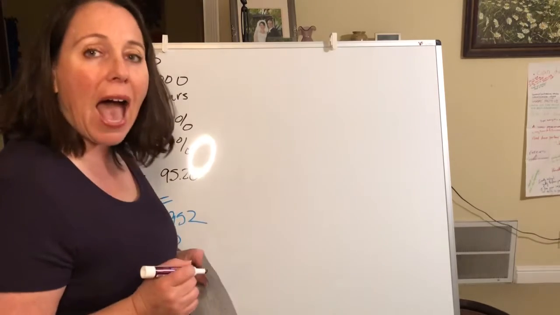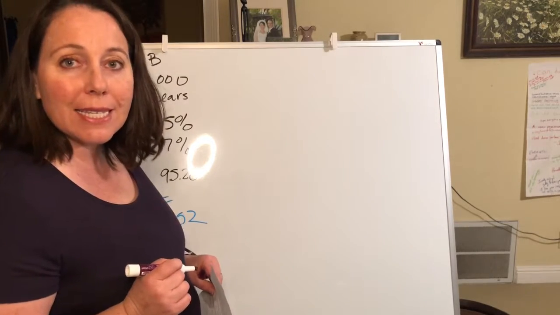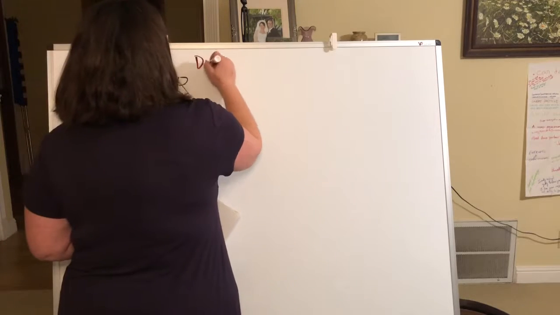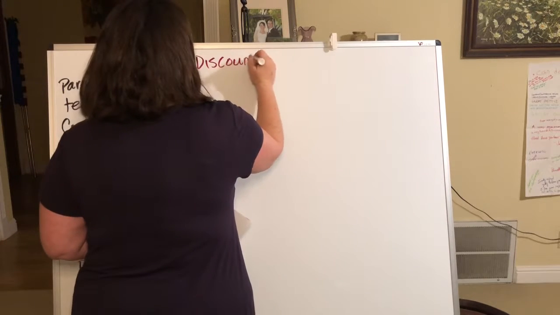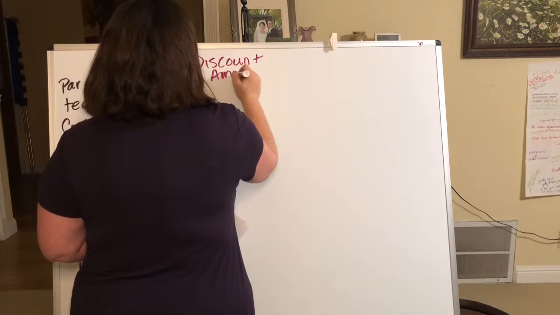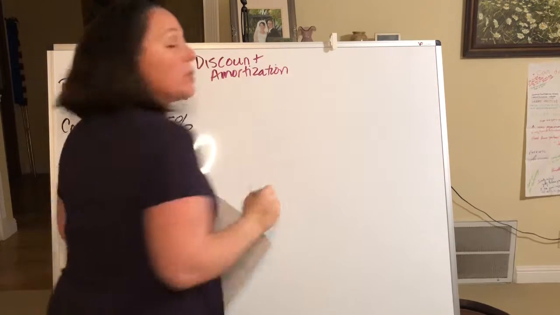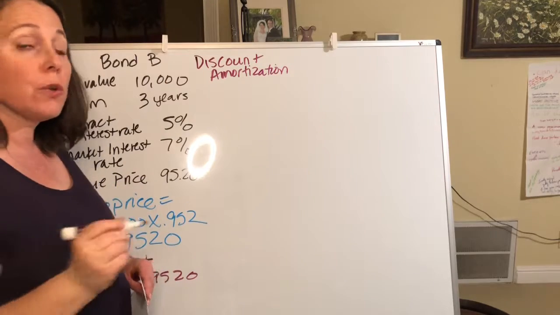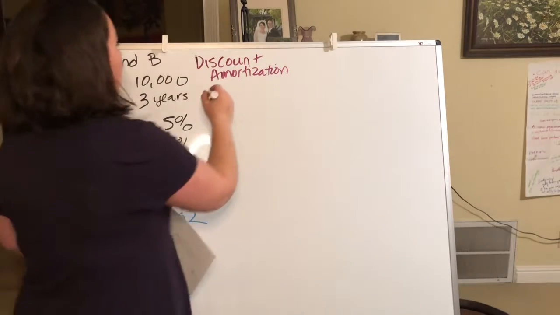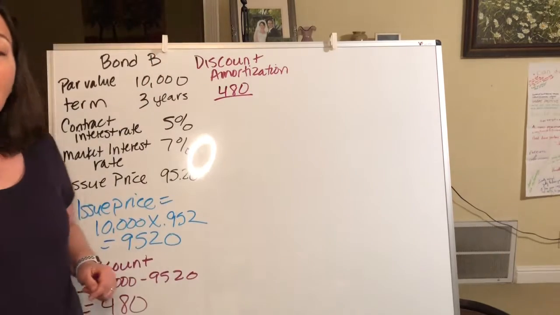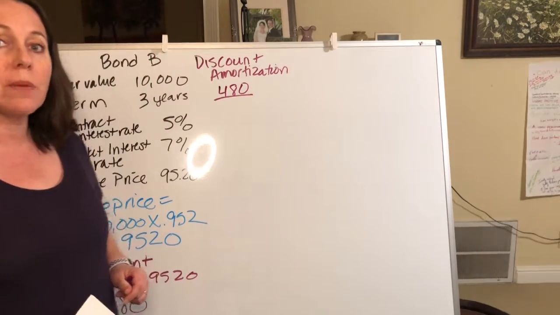Let's find out how much we're going to amortize this discount each time we make an interest payment. So our discount amortization is going to be our total discount, which is $480, divided by the number of interest payments we're going to make.